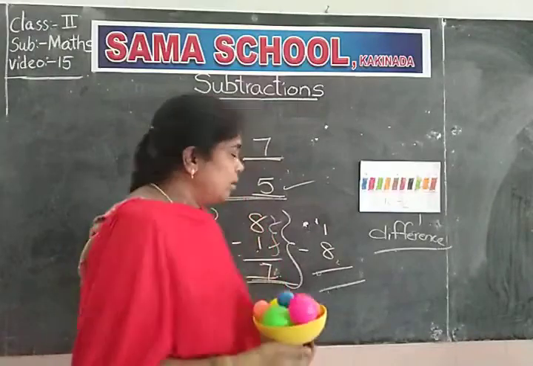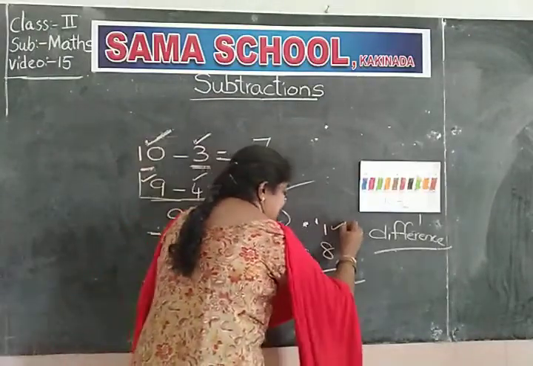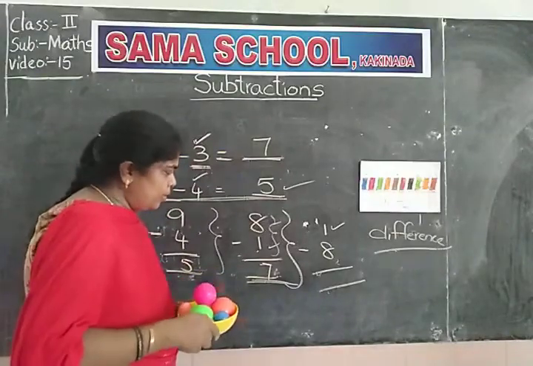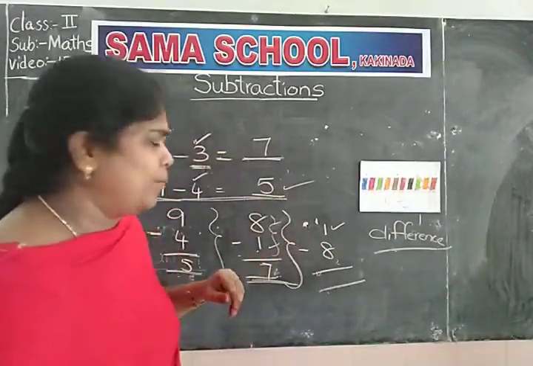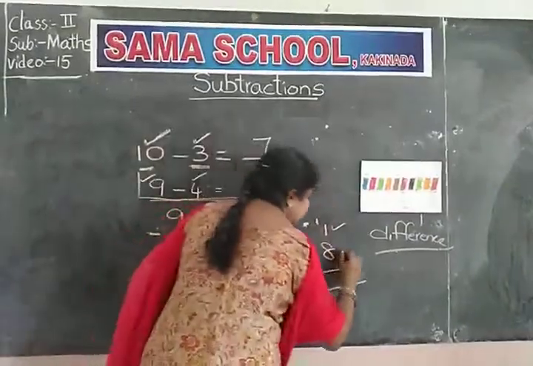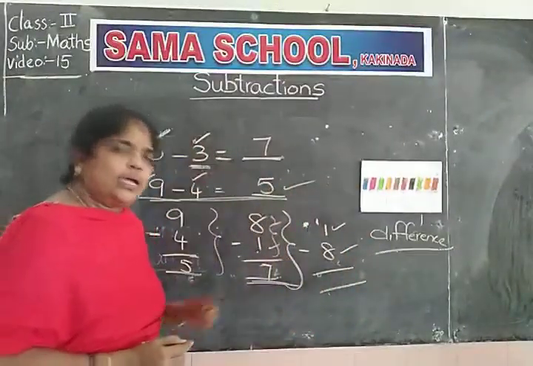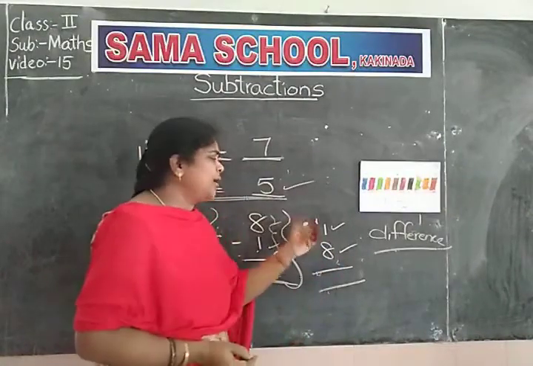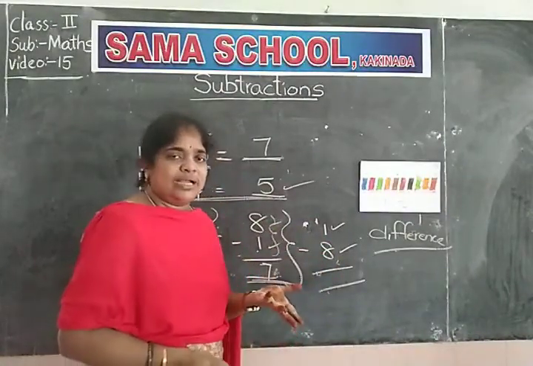Okay. So, here, suppose I am having only 1 ball. Think I am having only 1 ball. Or you are having only 1 ball. If your friend asks you to give 8 balls, is it possible? Can you give 8 balls? No, because you are having only 1. Understand?